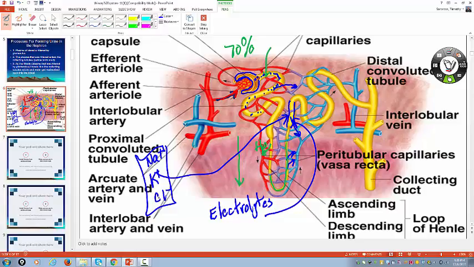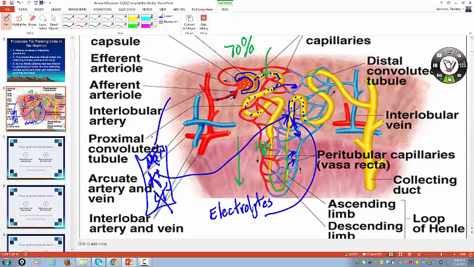So if one is not reabsorbed, none of them are reabsorbed. There's a drug out there called Lasix that prevents chloride from being reabsorbed back into the blood. So if you don't reabsorb chloride, you don't reabsorb potassium, and you don't reabsorb sodium. So the more stuff that remains in the collecting tubules, the more urine you produce, the more diuresis you produce.